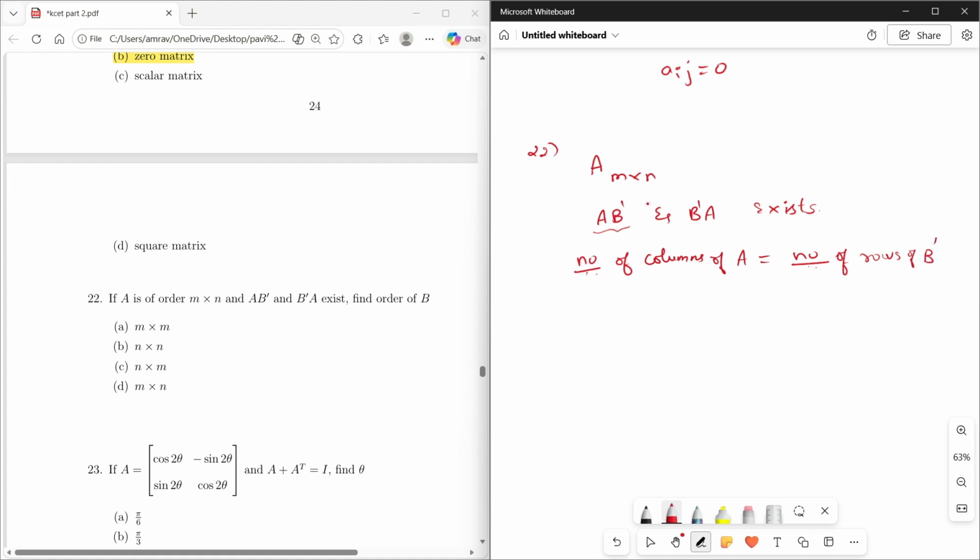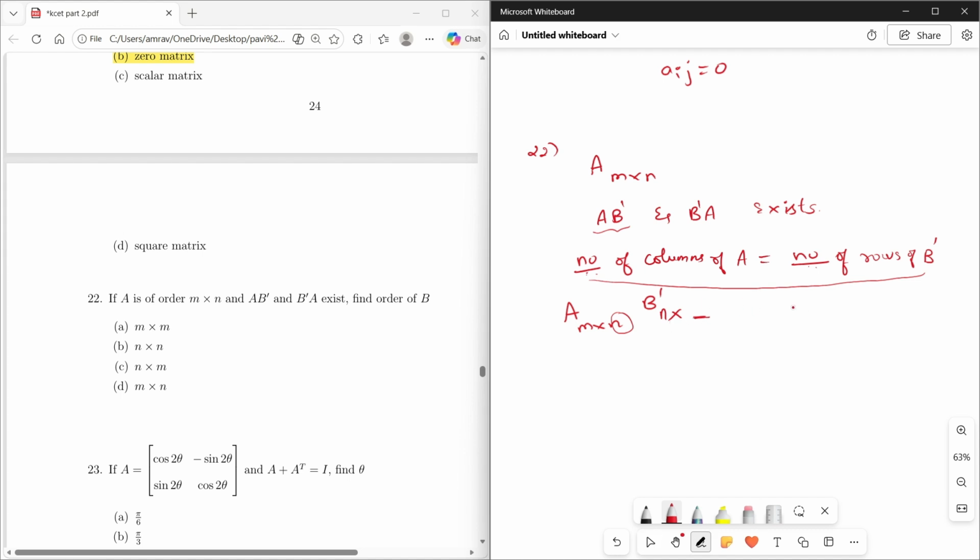If this is possible, then we say that the product exists. So now, according to the question, the matrix A is of order m cross n, where m is the number of rows and n is the number of columns, and we have B transpose. Now, according to this condition, since the number of columns of A, which is n, should be equal to the number of rows of B transpose, that is n cross some number of columns.